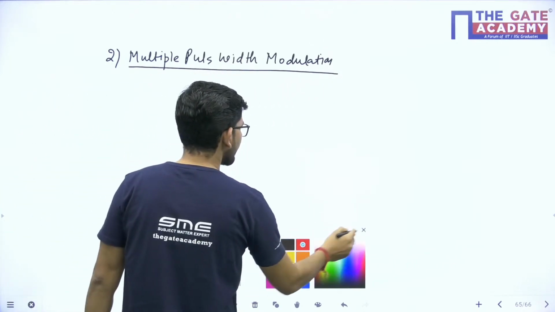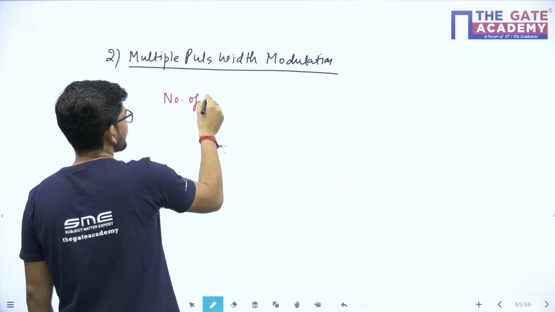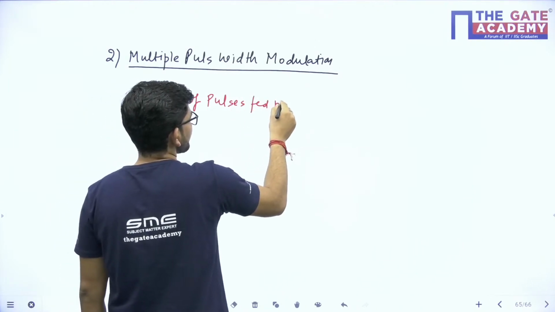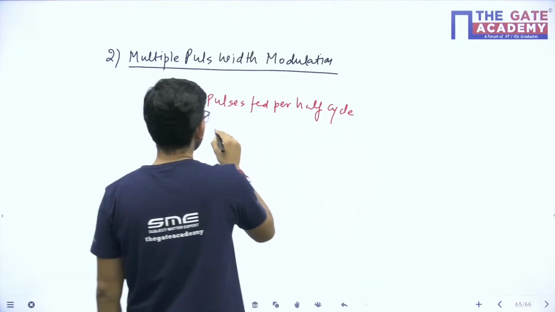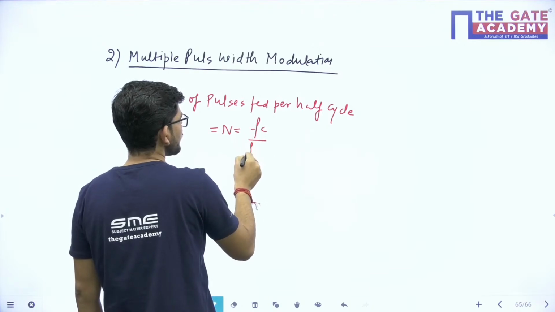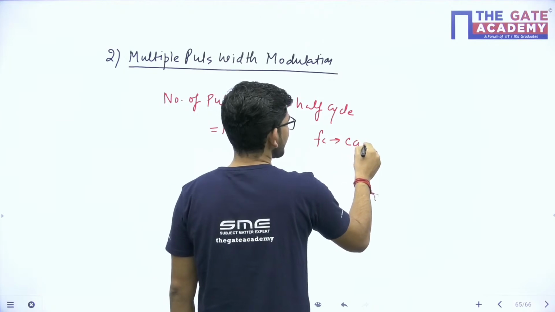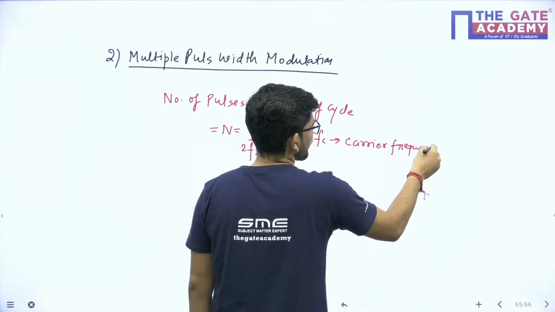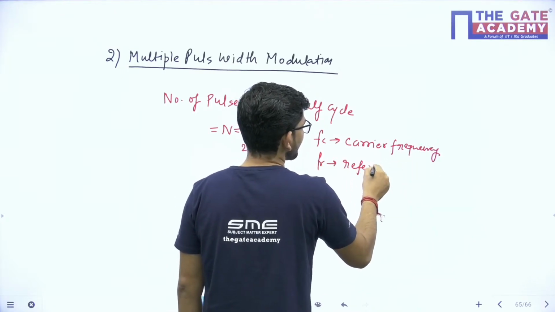We have the following formula: number of pulses fed per half cycle is equal to N, and this is equal to fC upon 2 fR, where fC is the carrier frequency, and fR is the reference frequency.